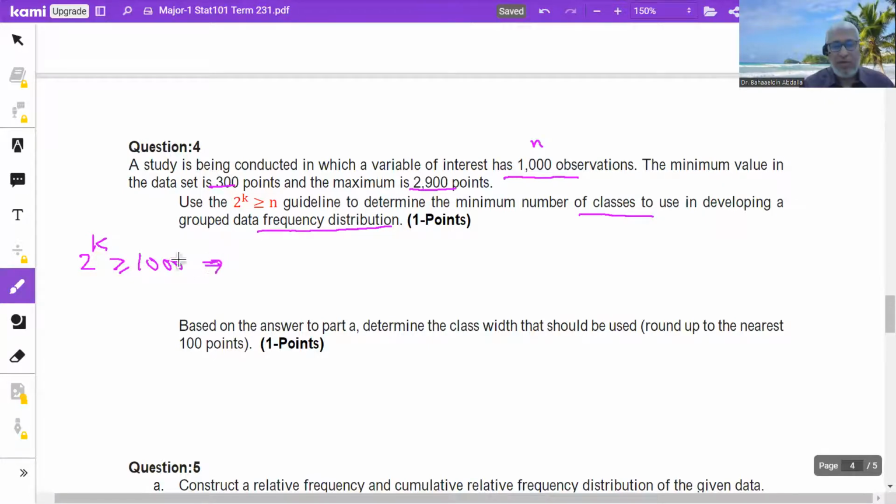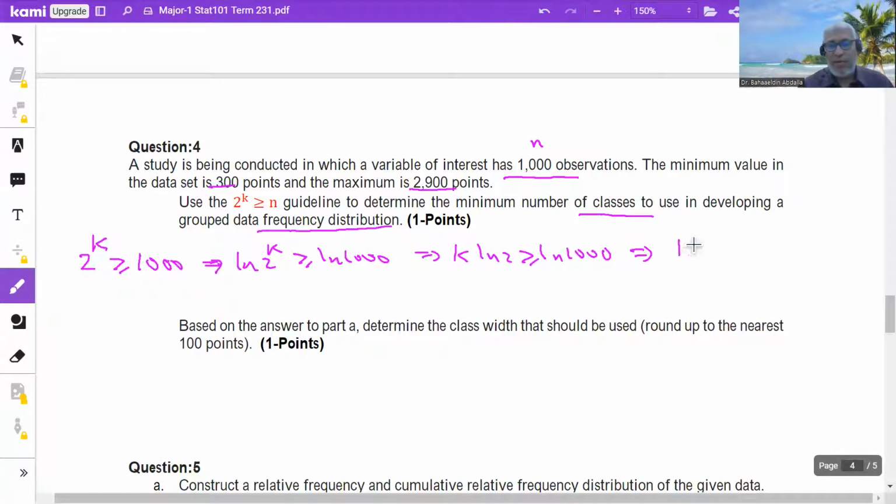Now to find k, we can apply ln to both sides. Then, we know if you have ln, you can bring this k outside. This is a property of the logarithmic function.